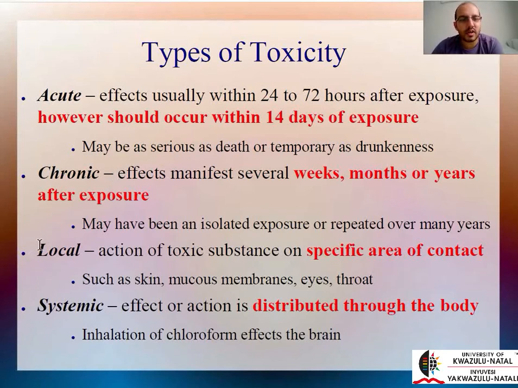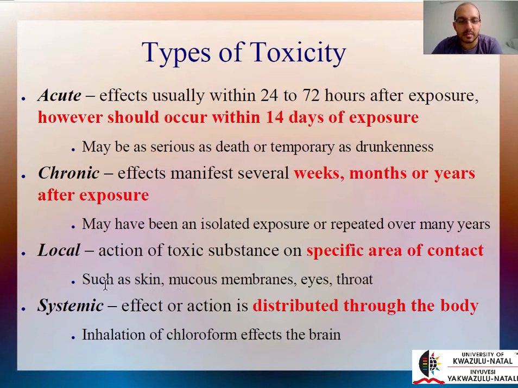Then in terms of exposure to the toxin, there's also local toxicity, where the action of the toxic substance is isolated to a specific area of contact. So let's say you got exposed to a chemical, it got spilt on your hand, and only your hand is affected. So that's local toxicity.